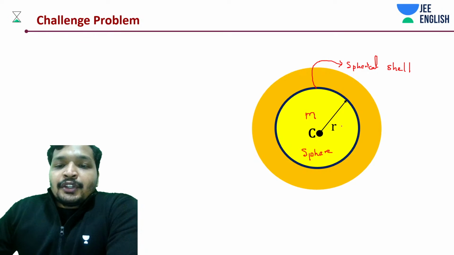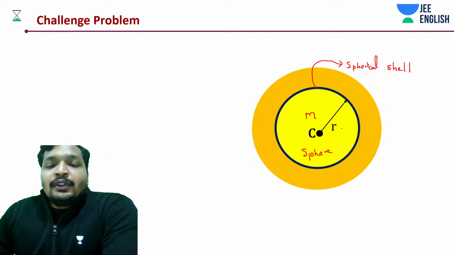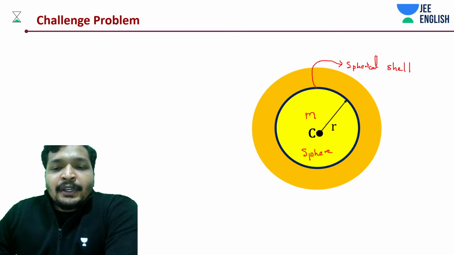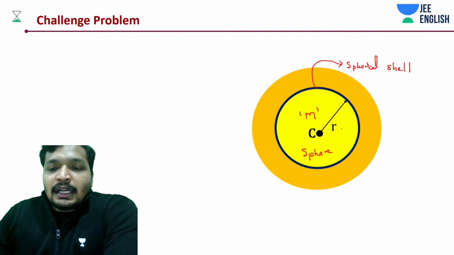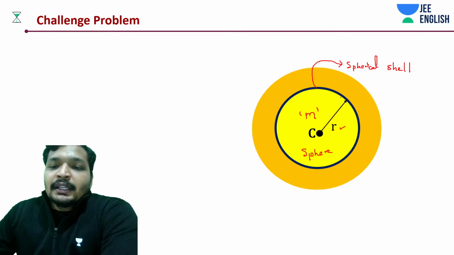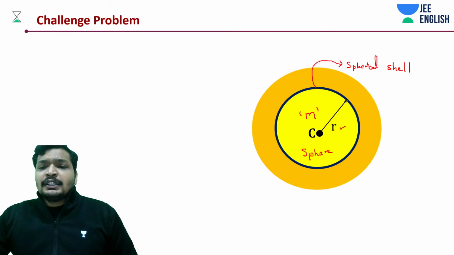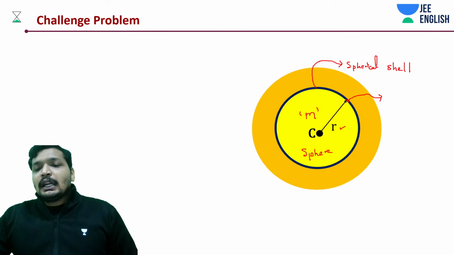We will, as usual, assume that there is a small solid sphere of mass m with radius r, around which we are building small spherical shells, initially with a thickness of dr, right?